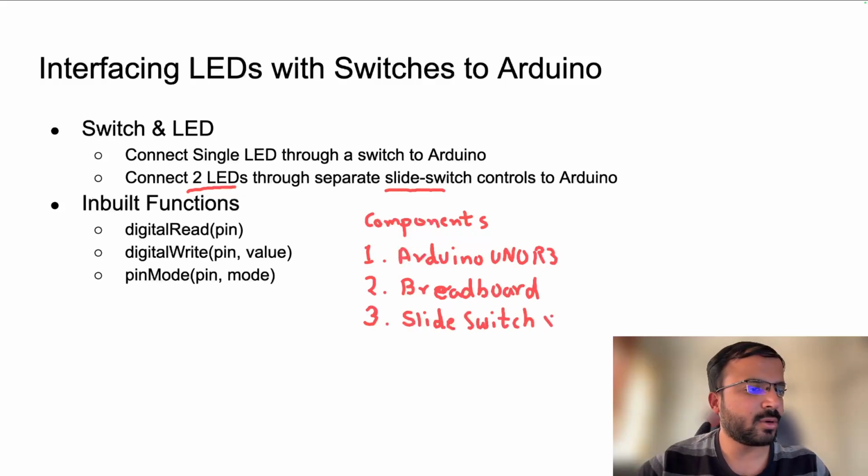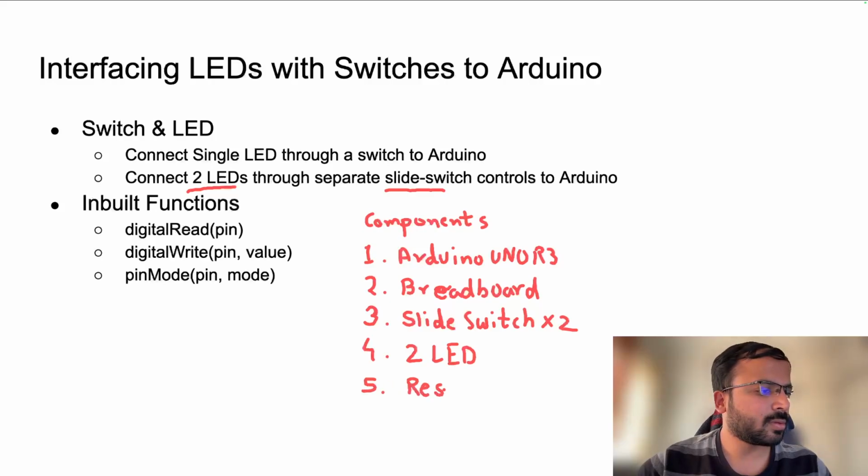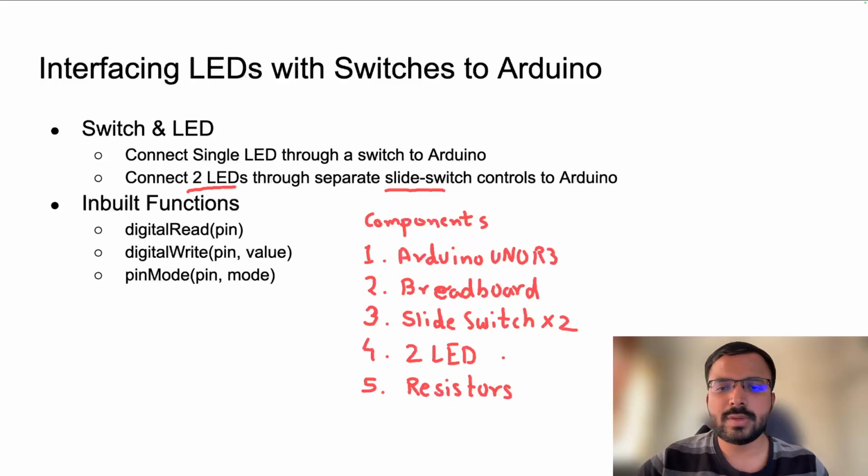This will take two because we are taking two LEDs. Then fourth we have two LEDs, and we need resistors. So these are the five components we need for today, and we'll be connecting each LED through a separate slide switch to Arduino.